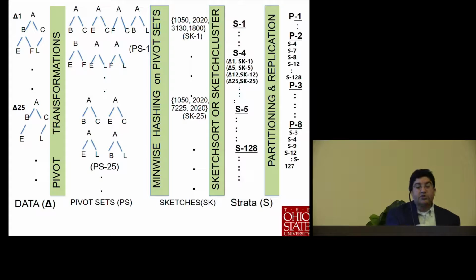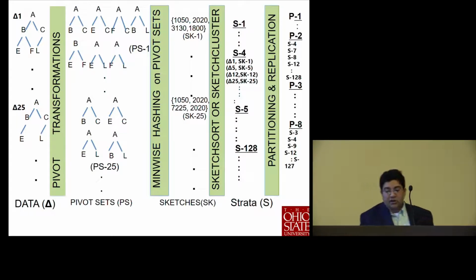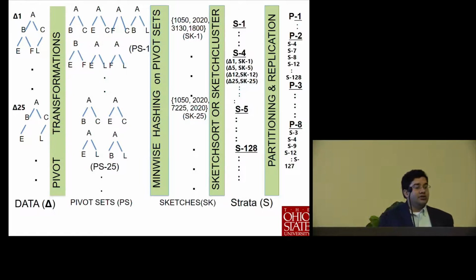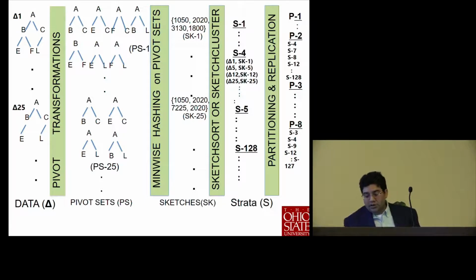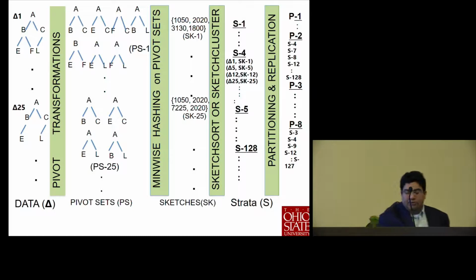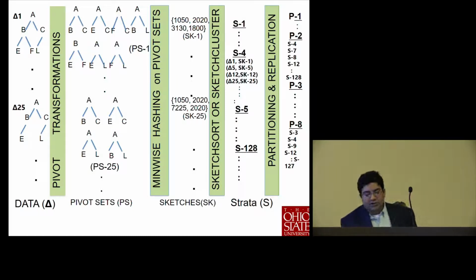And then we can use different methods to partition depending on what the application specifies. In the example I'm showing you here, we're using something called an all-in-one partition. So the entire strata, S4, appears in partition P2, but also appears in partition P8. So again, this supports replicability, which is increasingly common in some of these big data systems. So that's sort of the flow.